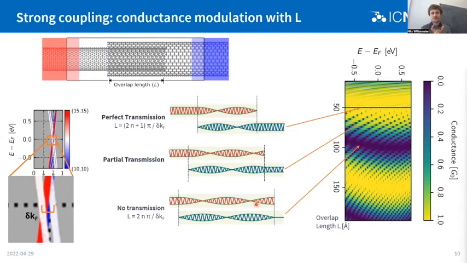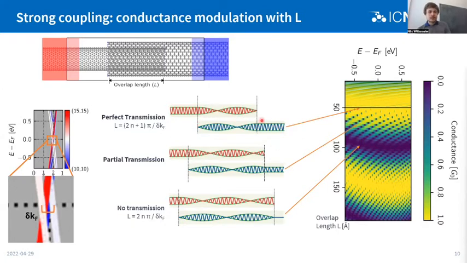The Fermi wave vector is slightly different, whereas for the other tubes it's basically the same. This change in the wave vector will give rise to a modulation in the overlap region. There's one modulation which goes with the difference in the Fermi wave vector, and then there's one modulation which continues as before with this initial wave vector.